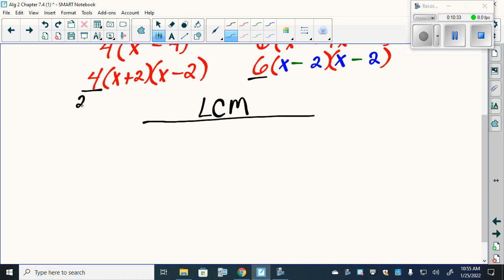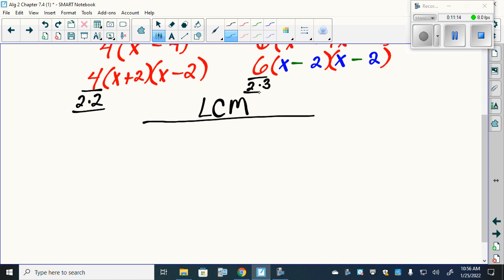Well, 4 is 2 times 2, because that's the smallest I can do it as a multiplication of prime numbers. 6 is 2 times 3. Now for each prime number, we look at both of them and grab the number of 2's or 3's that occur the most in each one. So when we look at 2's, 4 has 2 and 6 has 1. So we want the most from either number, which would be 2.